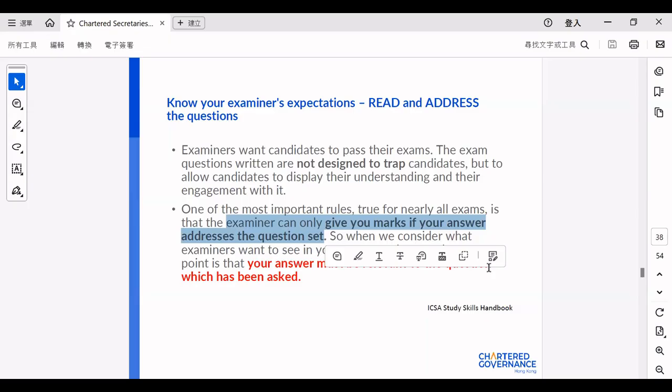So just a minute. For example, I think I just go back to one of the slides earlier. As an example, as a company secretary, you have been asked by the chair to prepare a paper analyzing the external environment.